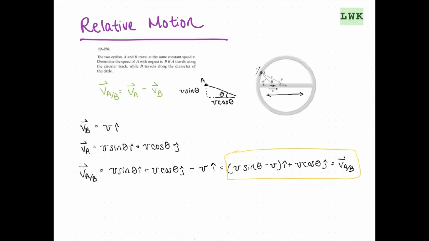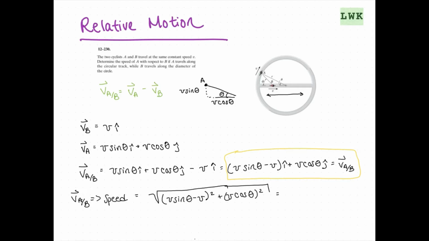So as with any vector, to know the magnitude, we're going to take the square root of the sum of the squares of our components. So V of A relative to B for the speed, that's going to give us the square root of V times sine theta minus V, squared, plus V cosine of theta squared.